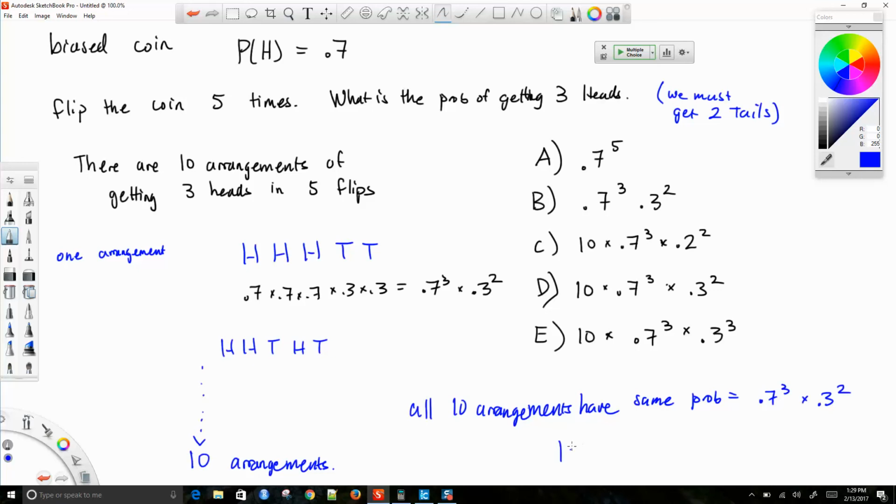And because we have 10 of them, we're just going to multiply 10 times this answer, 0.7 to the third times 0.3 squared. Okay, and therefore our answer is D.